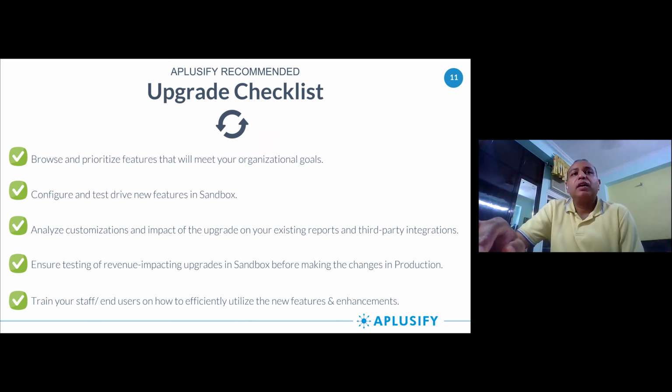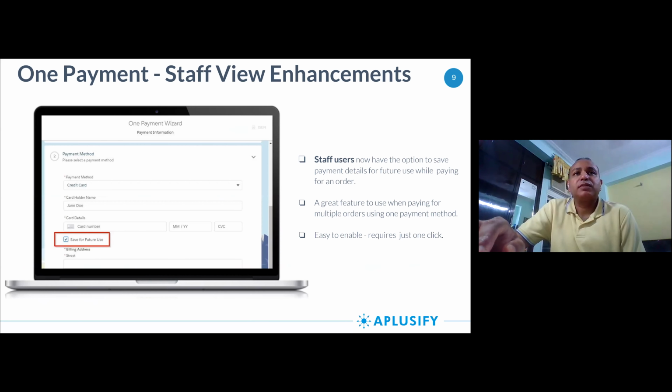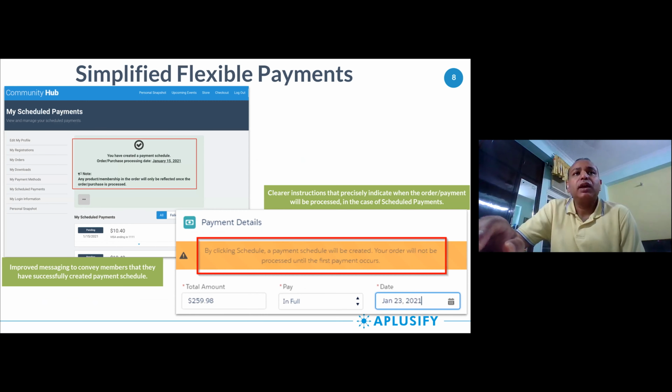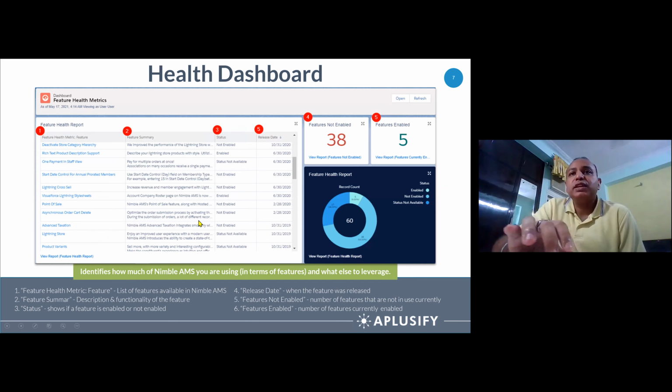As we talked about, we have something new on health metrics, where you can get a list of features which have been enabled and which have not been enabled, and you can enable them. You can go to the configure settings and enable it, because Nimble gives you the flexibility to enable and disable a feature. If you don't require it, you can disable it. If you require it, you can enable it.